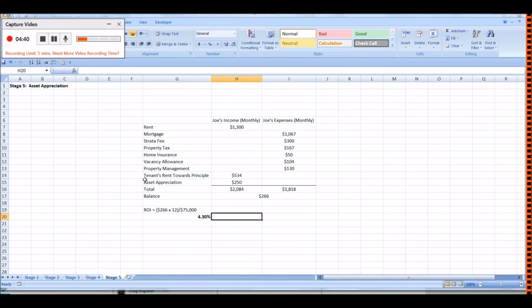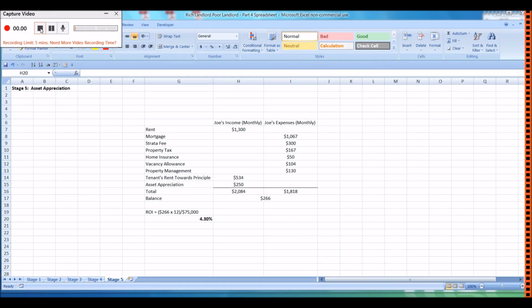Let's say it just appreciates 1%. 1% of $300,000 is $3,000. So it's about $250 per month. You add that in, you get $2,084 and $1,818, a $266 balance. Your ROI is 4.3%.